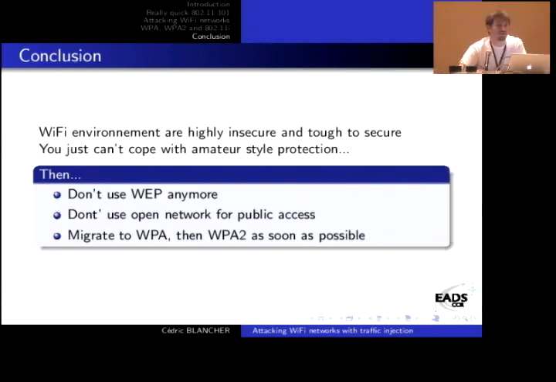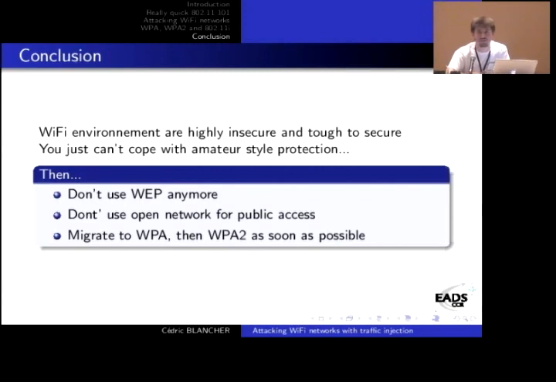Don't use open networks for public access. You have the risk of being abused, and you make people take risks when associated to your network, and that's bad. And the last thing is, now we have WPA, we have WPA2. All operating systems on the market support them.